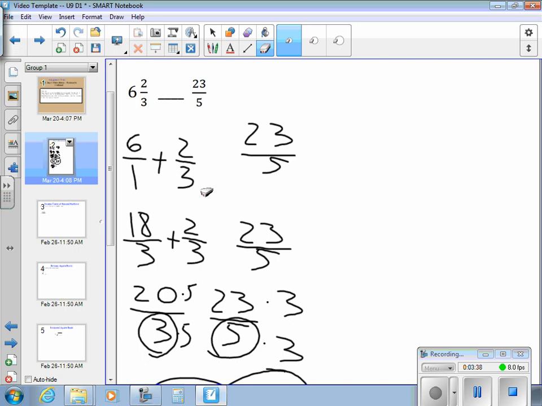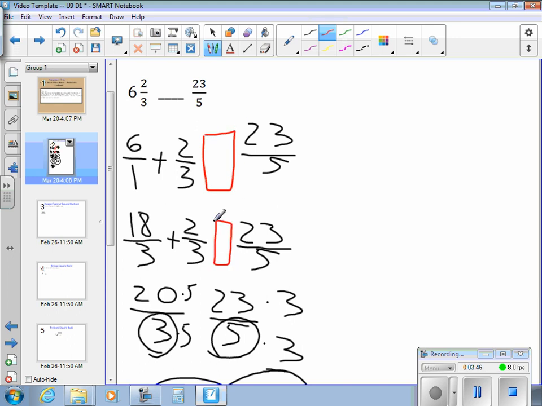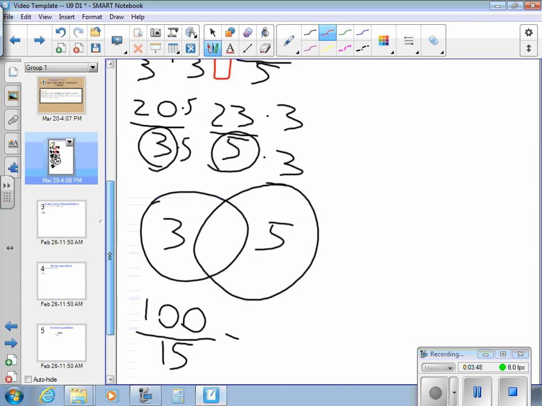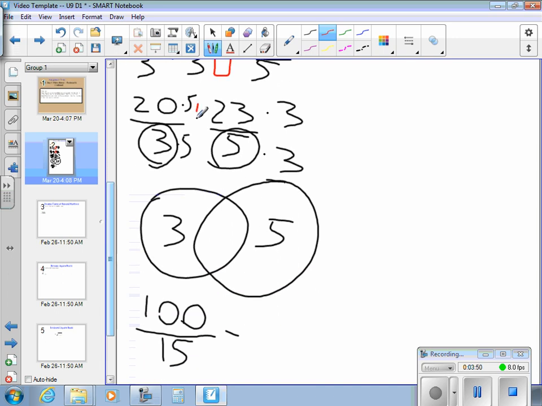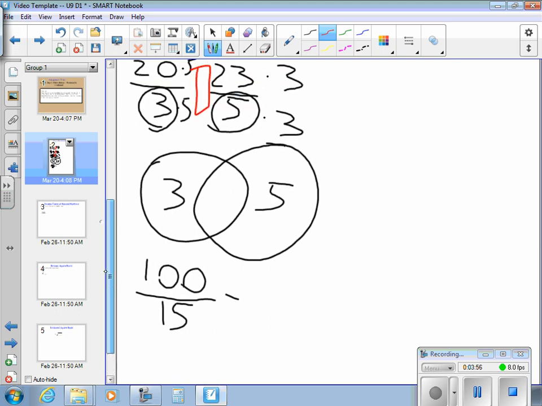So let's just put a box in here to indicate where our answer is going to go. So let's see here now. We'll put in that box to see what's going to go there.